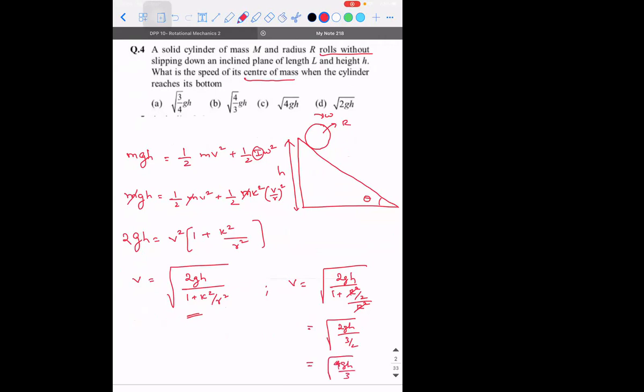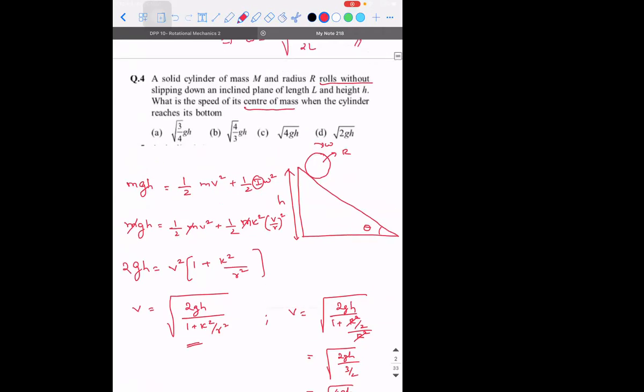Is there an option like that? Actually, the square root is for everything. Root of 4gh by 3. Got it?